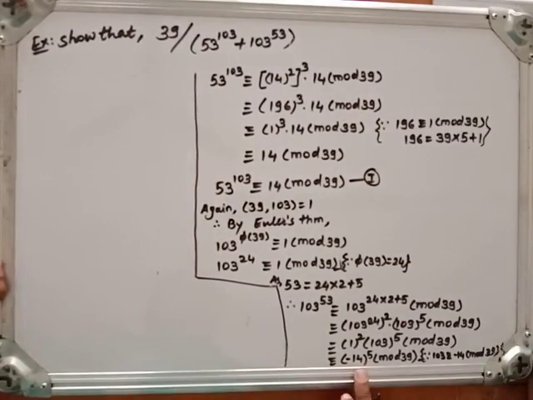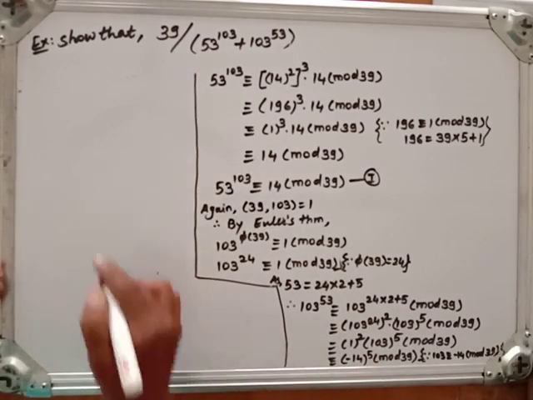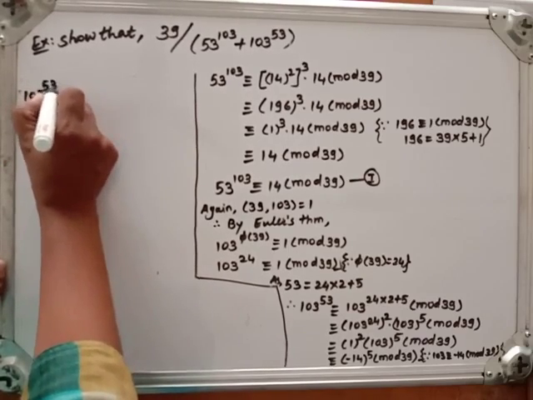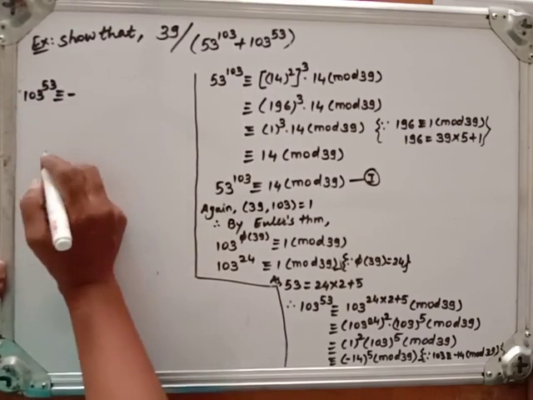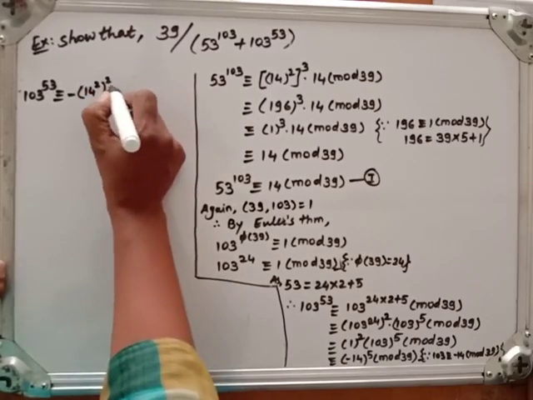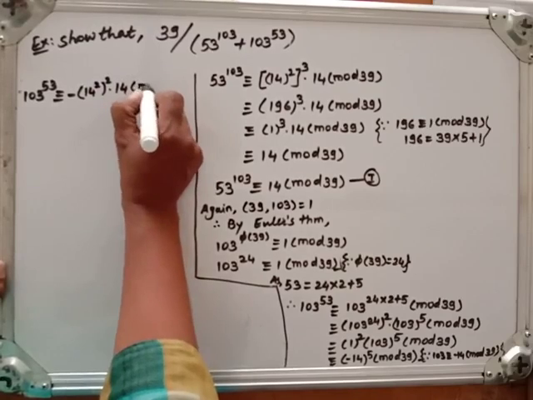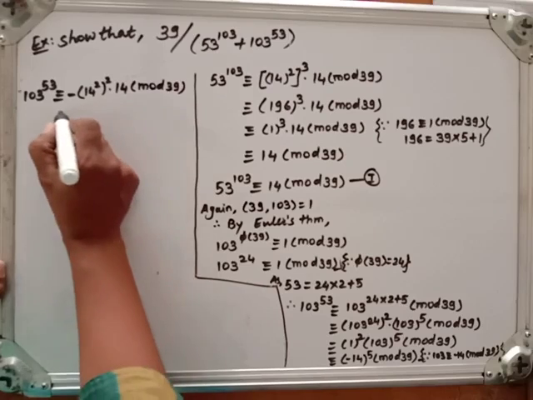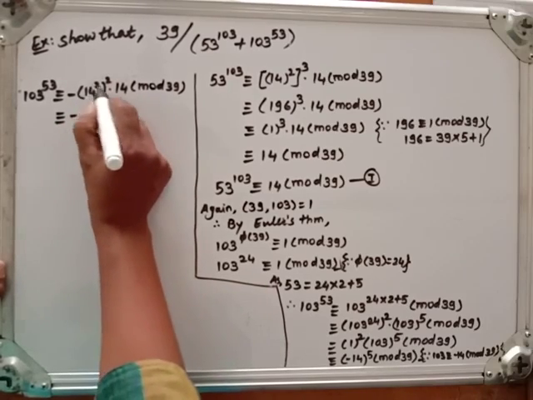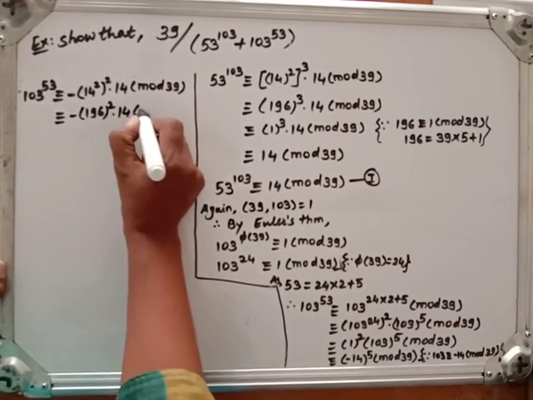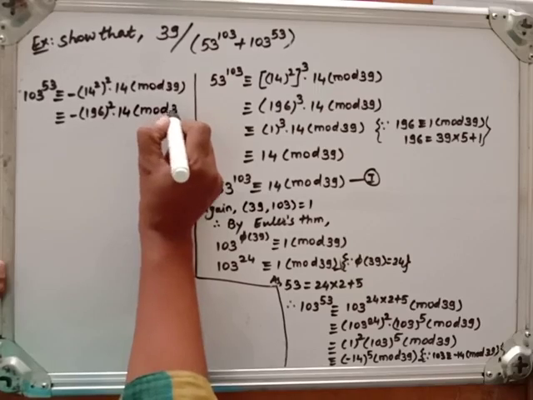Now this minus 14 raised to 5, an odd number is there, so after all it will be negative. So let me take the negative sign outside. So here 103 raised to 53 is congruent to minus, I will write 14 square, its square, times 14 modulo 39. We can write 5 as 4 plus 1. Now this is minus, this 14 square is again 196, its square times 14 modulo 39.